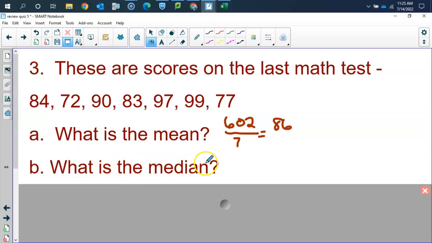Now I would like you to find the median. Go. All right. Well, the first thing you need to do to find the median is list these numbers in order.